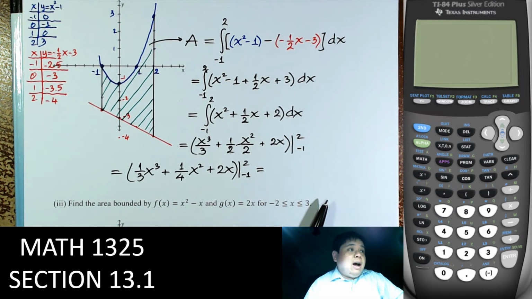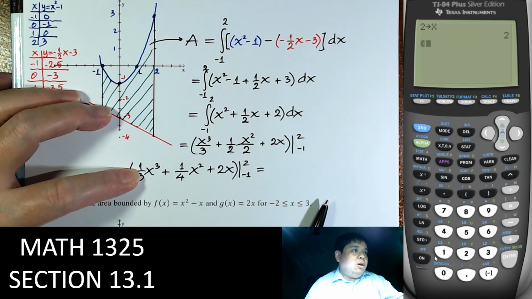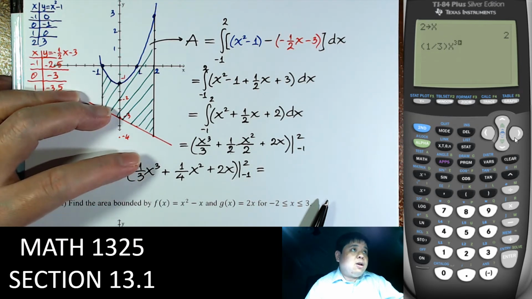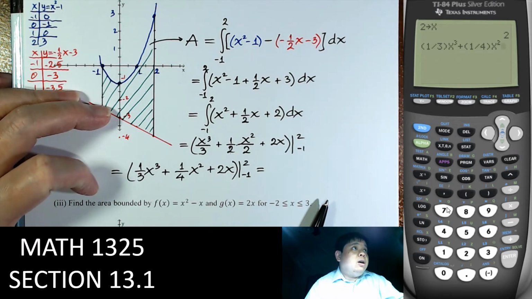Right. Now I'm just going to use the calculator. Sorry. Back to home screen first. 2 store to x, and then we're going to just enter this in: 1 over 3 x cubed plus 1 over 4 x squared plus 2x.